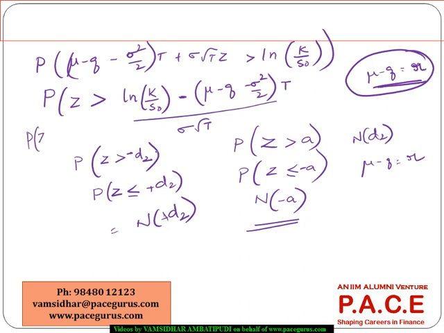So when we are assuming that the underlying asset, net of its dividend, is growing at the constant risk-free rate, then I can very well assume that the probability that a call option will expire in the money is just N of d2. So N of d2, which we are using in the Black-Scholes formula, is nothing but the probability that the call option will expire in the money under the assumption that mu minus q is equal to r.